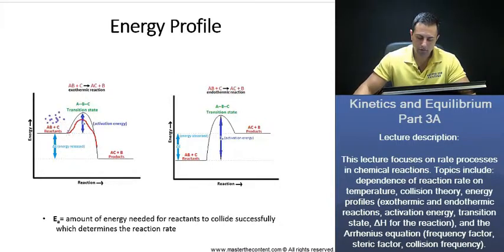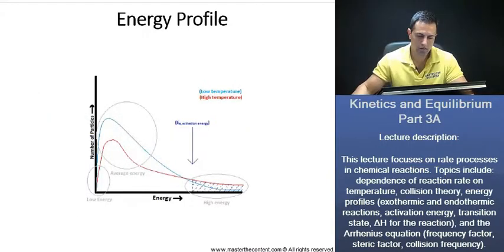If these reactant particles, only a few will collide with enough energy that is equivalent to the activation energy when it's this high, but a lot more will collide, right, with a lower activation energy, and therefore we'll notice that we'll have more product when the activation energy is lower, because a lot more can get over this hill, as opposed to when the activation energy is higher. Here, only a few will probably be able to get over the energy hill. Okay, great. Now we'll take a little bit of a deeper look at collisions on our next slide.